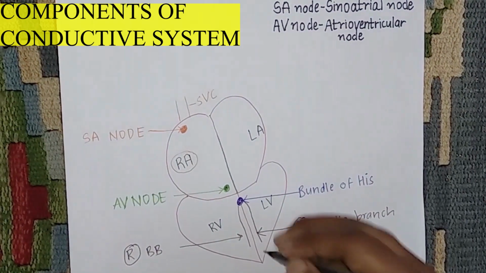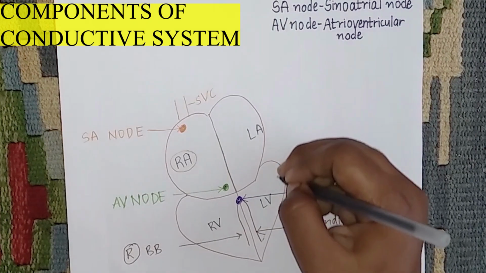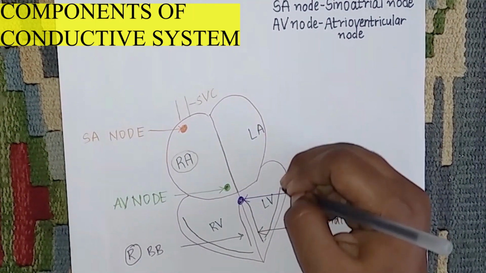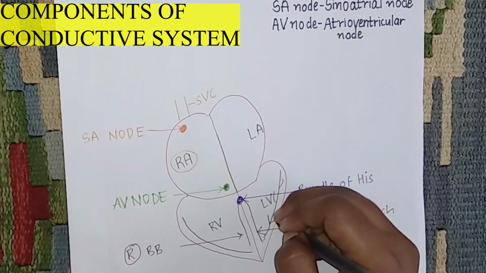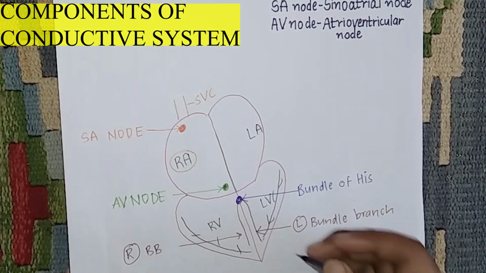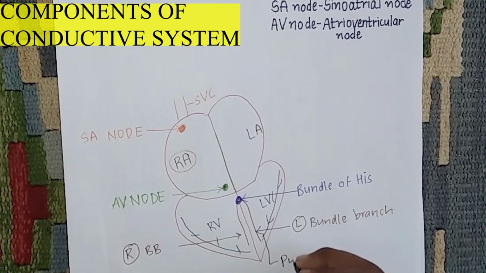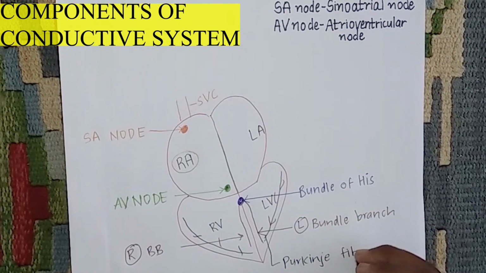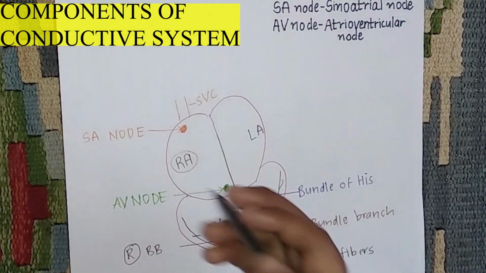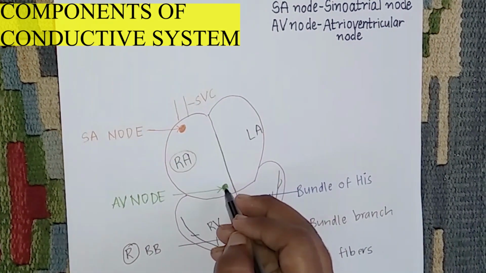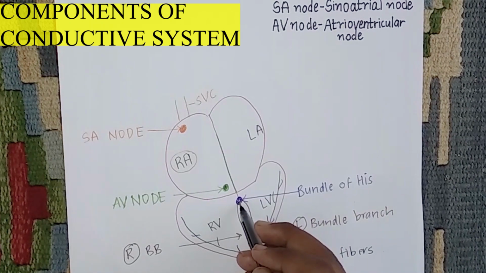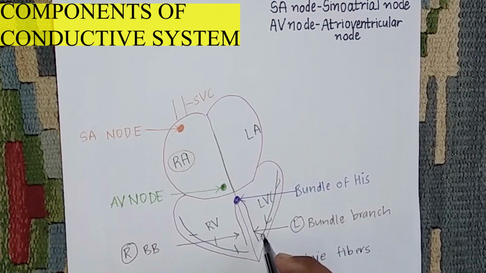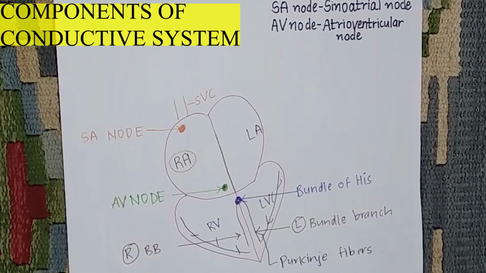Purkinje fibers arise from these bundle branches and spread all over the ventricular myocardium. So the components of the conductive system of the heart include the SA node, AV node, bundle of His, right bundle branch, left bundle branch and Purkinje fibers.